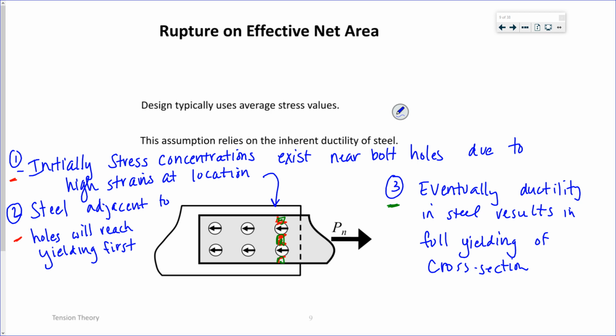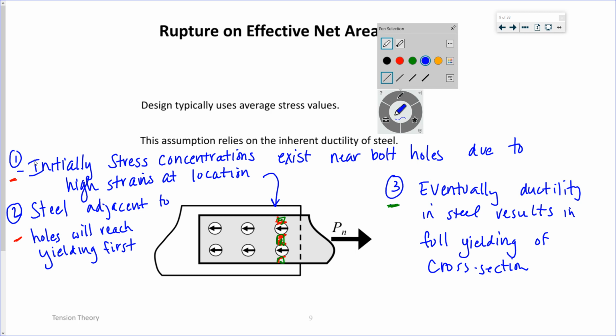So that ductility, that long strain on our stress-strain curve from onset of yielding to rupture, allows the rest of the cross section away from the bolt holes to catch up. So the ductility is going to help you. However, asterisk, right?